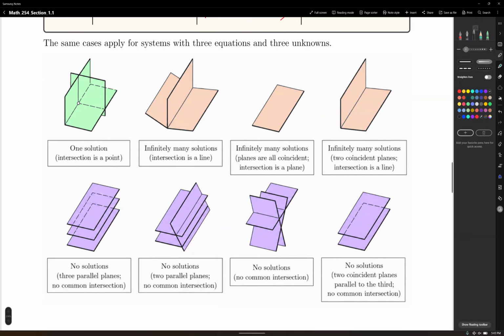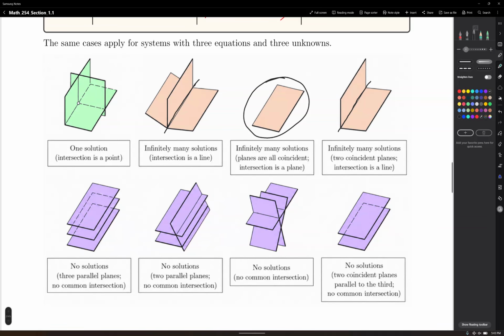We may have the three planes intersecting on a line. We may have three overlapping planes, or two overlapping planes intersecting with another plane. No matter what, these cases intersect on a line, and these guys right here are really the same plane.